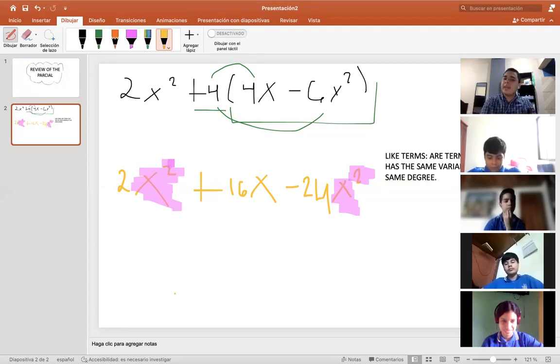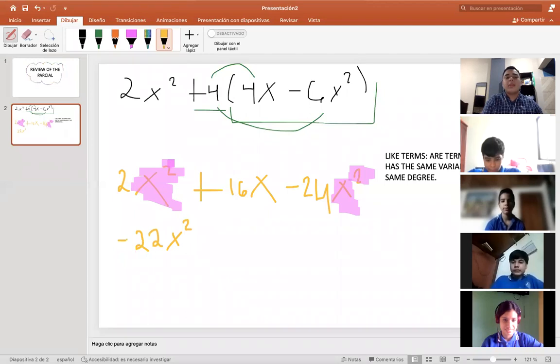So how much is 2 minus 24? Positive 2 minus 24. How much? 22x squared. But Marlon, negative 22 or positive 22?